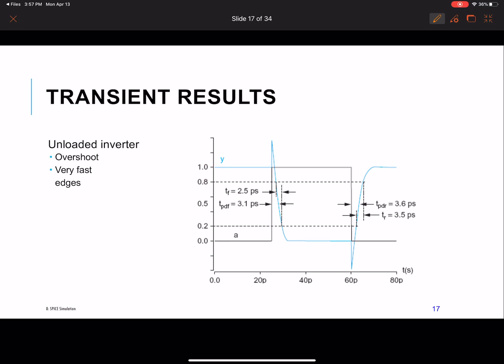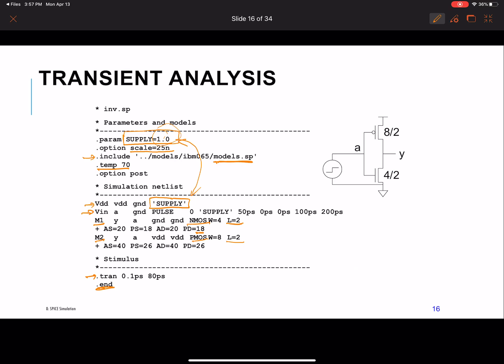And you get something like this, where the V input pulse goes from 0 to the supply voltage, with 50 picosecond delay, 0 picosecond rise time, and 0 picosecond fall time.